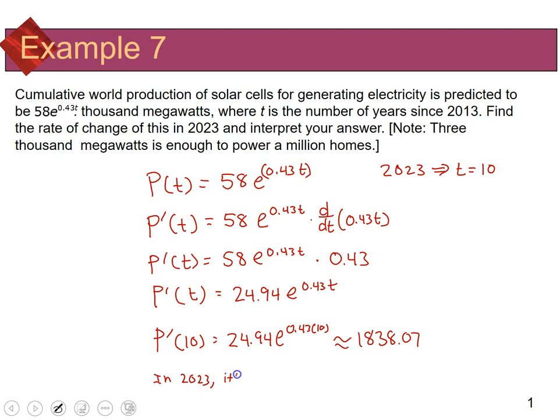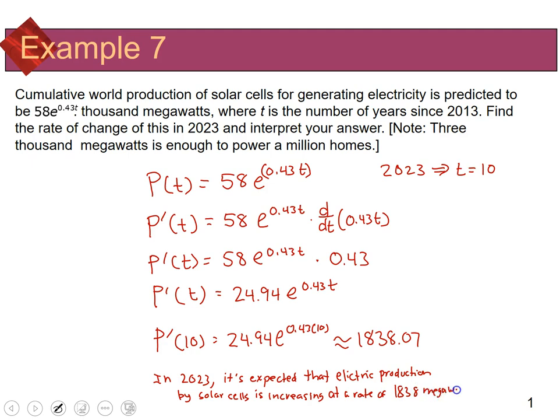it's expected that electric production by solar cells is increasing at a rate of 1838 megawatts per year.